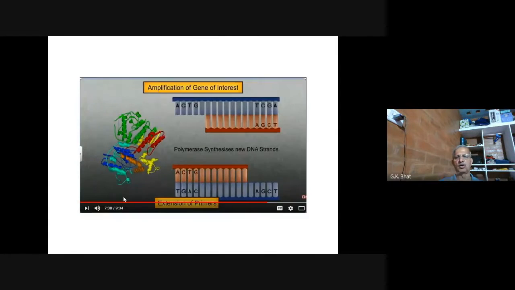You see the DNA gets extended. This particular gene of interest, we have to multiply.